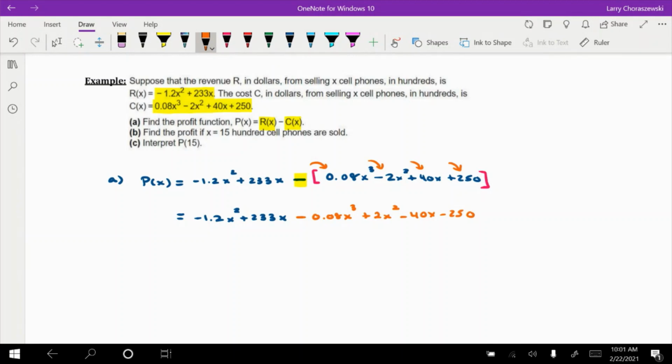And from here on out, you just want to combine like terms as well as write this expression in standard form. So, reorder it so that your highest power goes first, and then your next highest power, and so on and so forth. So when I'm looking at this, the term with the highest power is negative 0.08x cubed. So I'm going to write that as my leading term.